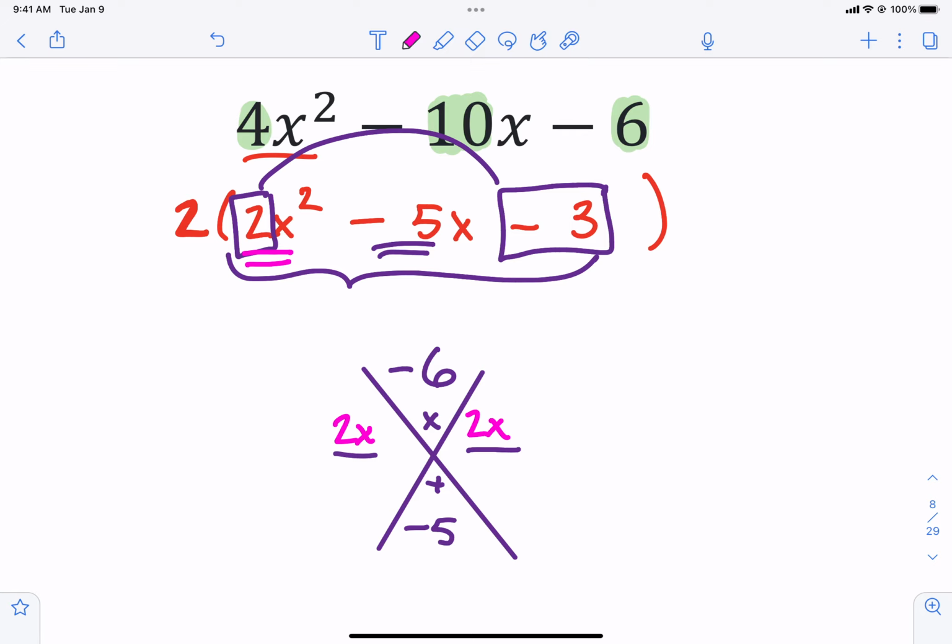And we're just looking for two numbers that would multiply to give us a negative 6, that when I add them, they would give us a negative 5. And I think the numbers I'm looking for here would be a negative 6 and a positive 1. Negative 6 times positive 1 would equal negative 6. Negative 6 plus positive 1 would equal a negative 5.